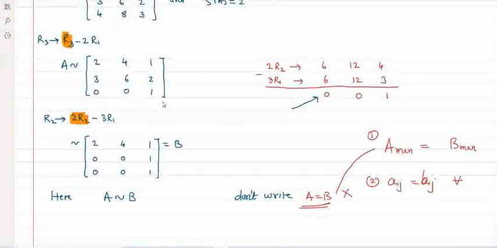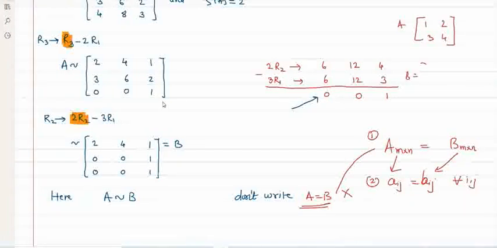Okay, A for first matrix, B for second matrix. aij is equal to bij for all i and j. Suppose this is 1 2 3 4, this is the first matrix A, then B also the same 1 2 3 4, then only we can say A is equal to B. They are having the same order with the same element. Is it clear? Yes, sir.